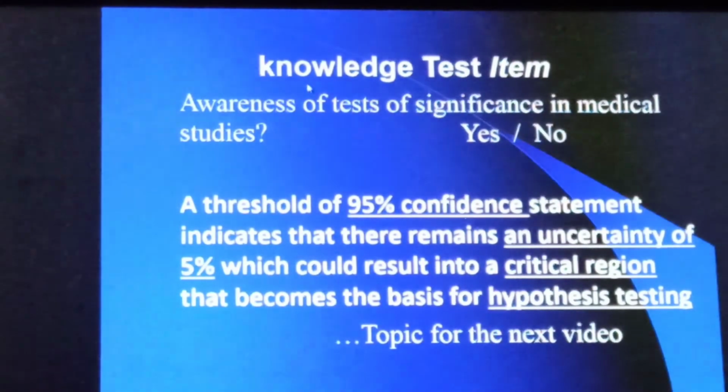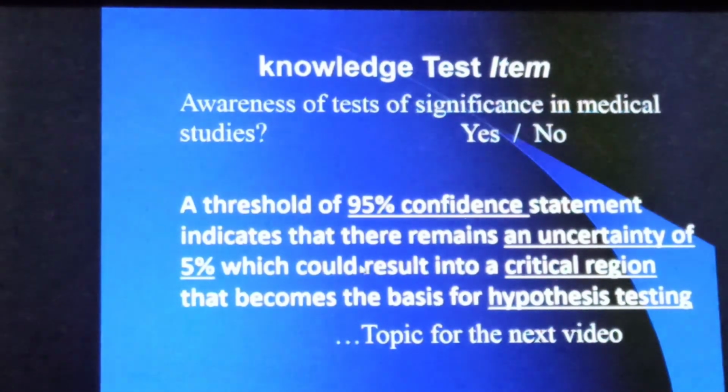The next knowledge item is awareness of test of significance in medical research. So let us come to know the beginning of that. A threshold of 95% confidence indicates that there remains an uncertainty of 5%. If we leave out 95%, how much is left out of 100%? 5%.